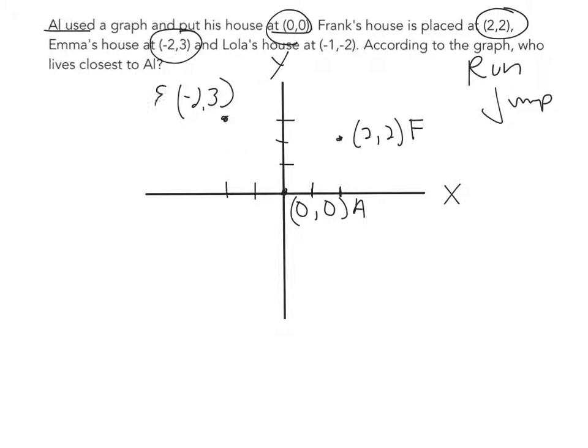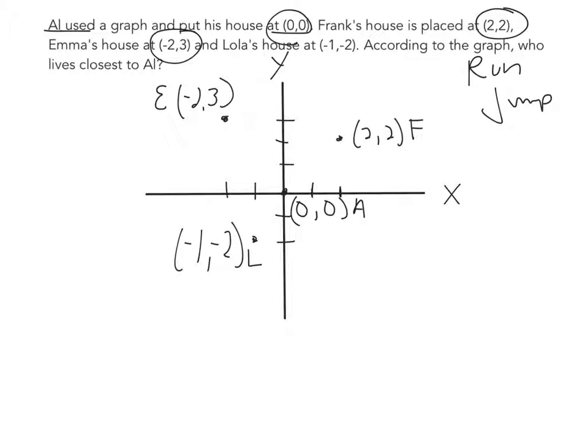And this is Emma's house. And Lola's house is negative 1, negative 2. So over 1 on my x-axis backwards, negative 1. And then down 2. It's going to put me right here. So this is negative 1, negative 2. And this is an L for Lola.